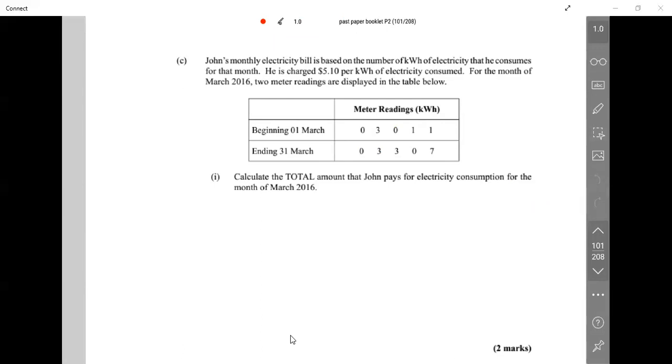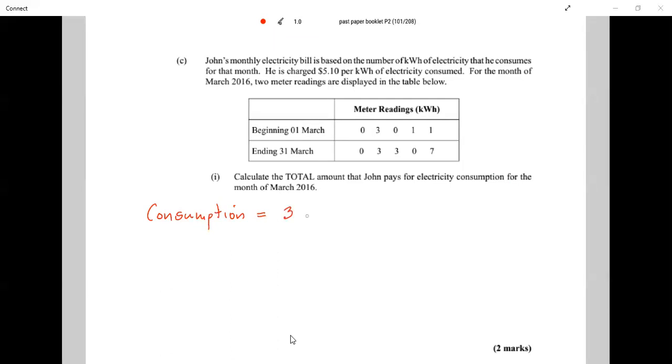All right. Well, the first thing we need to do is to determine how much electricity John consumed. So we need to know his consumption. His consumption would be, you'd have to subtract the meter readings.